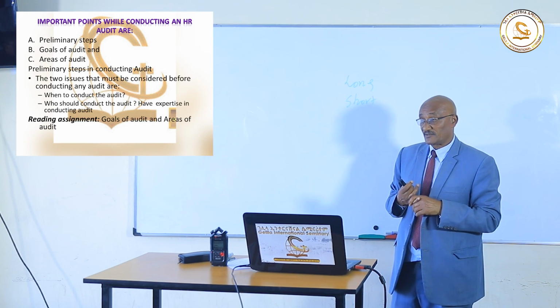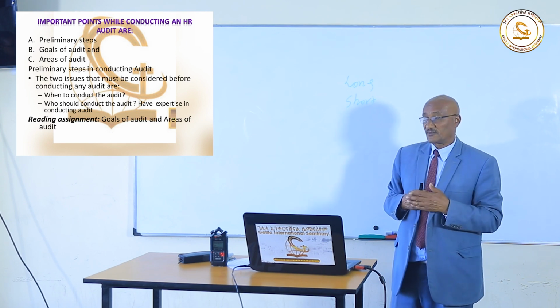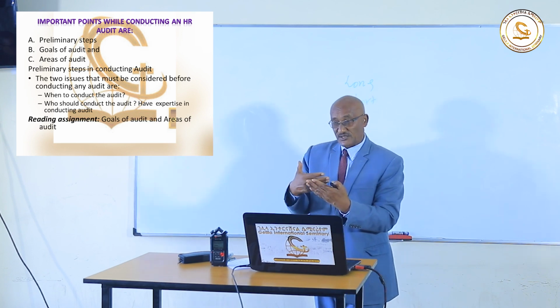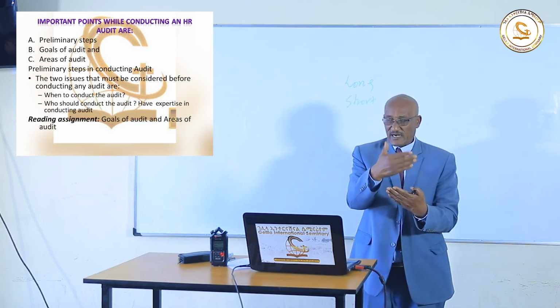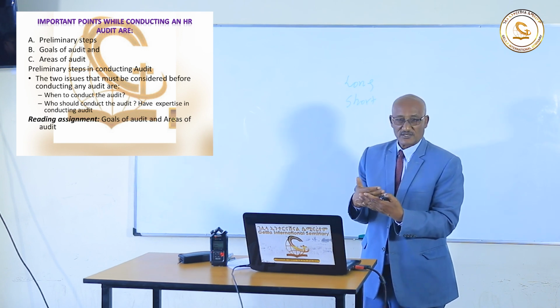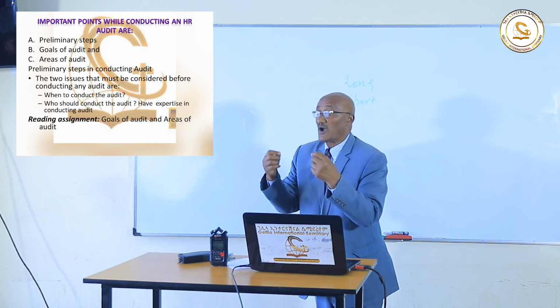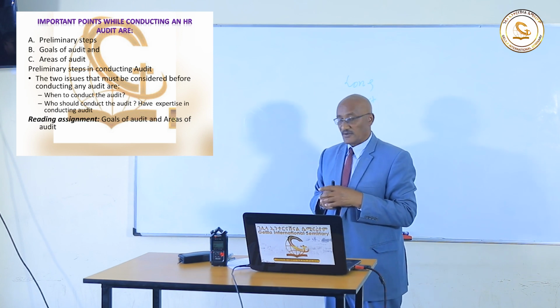Do you have an expert? Do you have adequate information to conduct a kind of audit in your organization? Do you have an appropriate checklist to check whether your people are the right people or not? Do you have a checklist to measure their productivity and the quality of service rendered by your members? This is one thing.